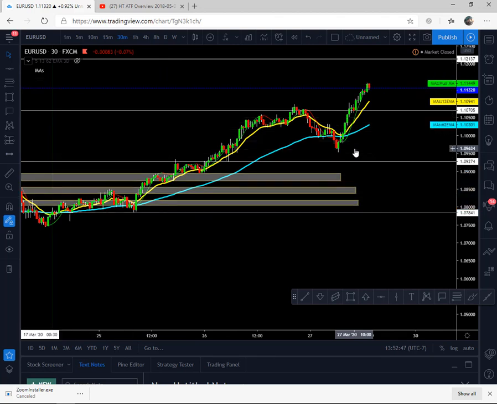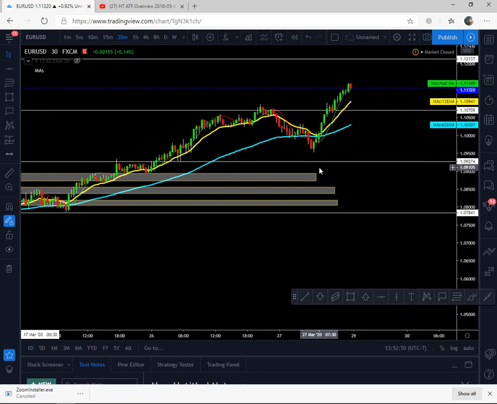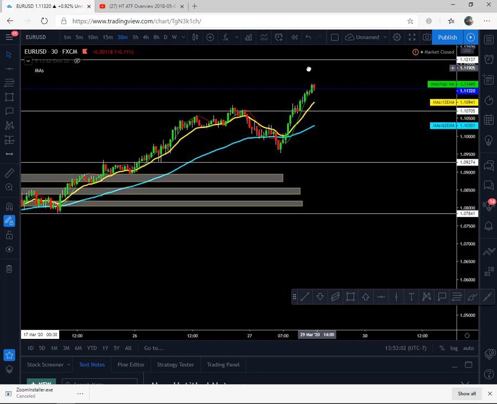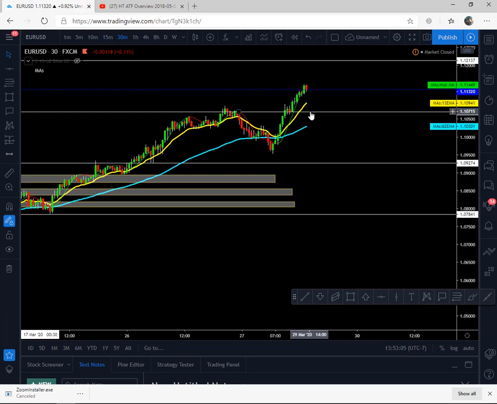And the reason I do this is because it's a lot easier for me to see that there's a potential 144 pips from this line.